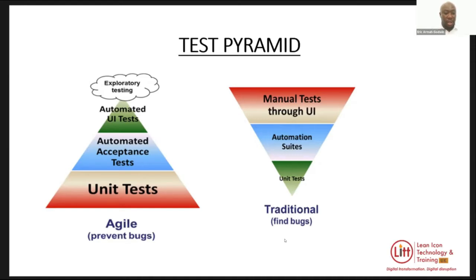Going back to Agile, remember, it takes the test first approach. Even before we write the code, as we looked at TDD previously, we want to write a test and then write the code. So it means we want to prevent bugs at all costs.